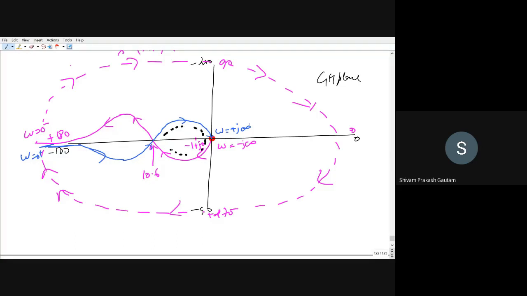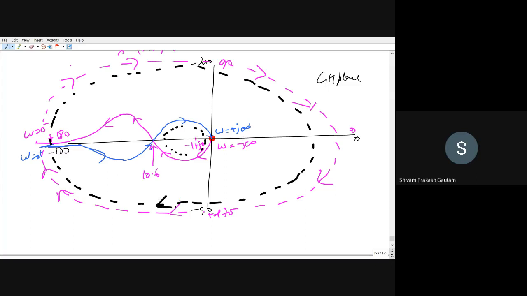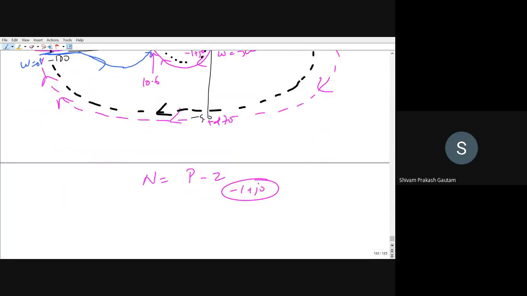What is the direction of this encirclement? Clockwise. Second encirclement is this. What is the direction? Clockwise. Both are having clockwise direction. That means if the orientation is clockwise, we take N as negative. So N will be equal to minus 2 because there are two encirclements and both are clockwise.